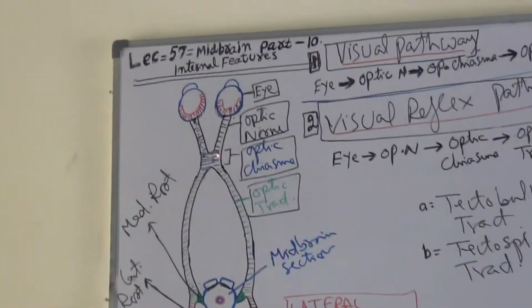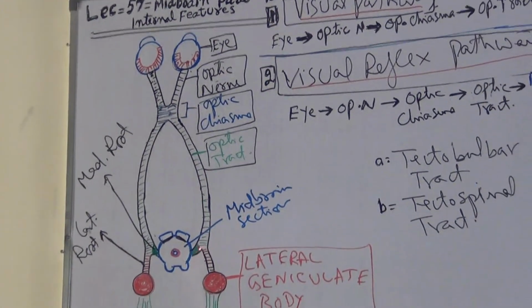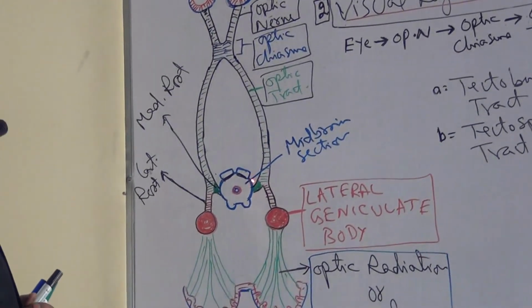Optic nerve, optic chiasma, optic tract, medial root of the optic tract.